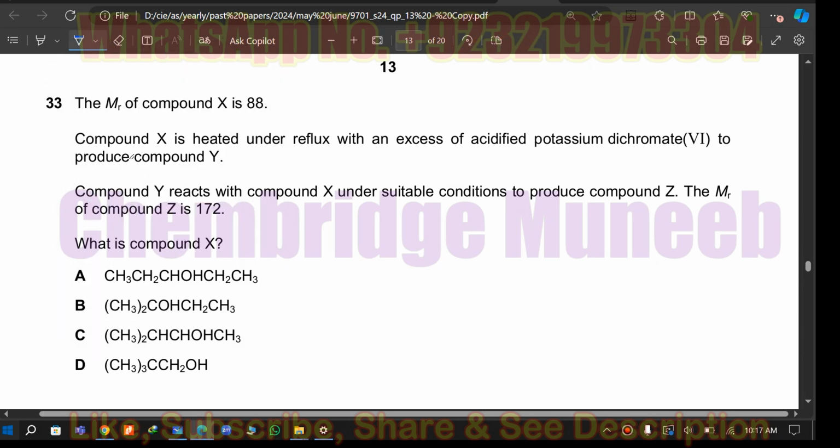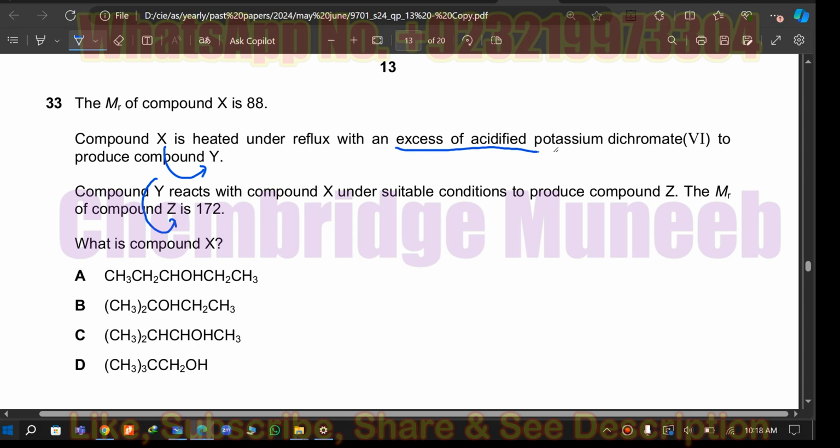Okay, here we have two different conditions. The compound X is converted into compound Y, and this compound Y is converted into compound Z, and these are happening in these two different reactions.